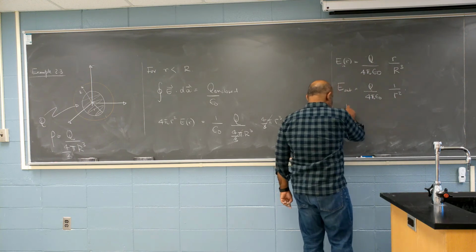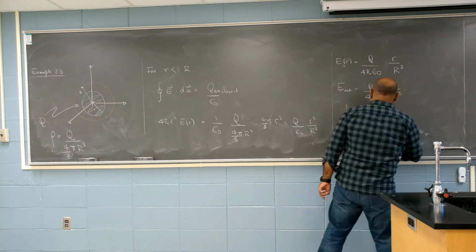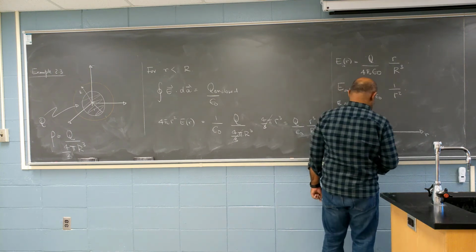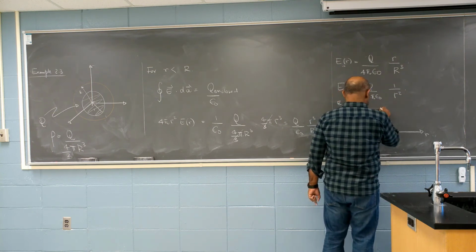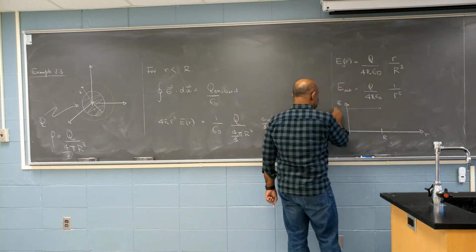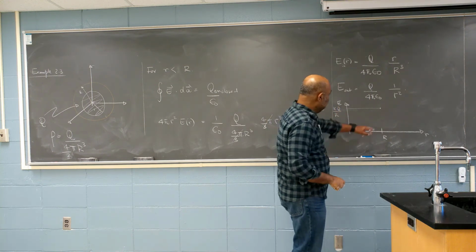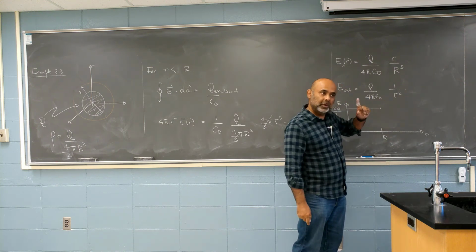So if I were to graph this, the value here is kQ over R squared. Outside, we get used to this, huh? Dropping off as 1 over r squared.